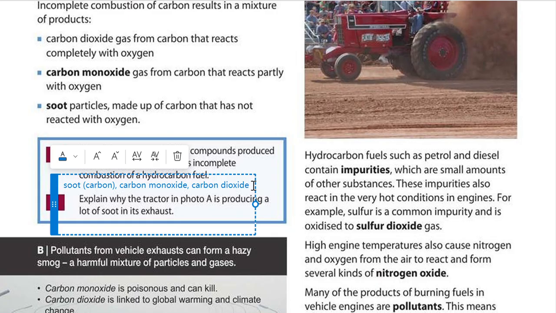Okay, next question. Explain why the tractor in photo A is producing a lot of soot in its exhaust. Who can tell the answer?